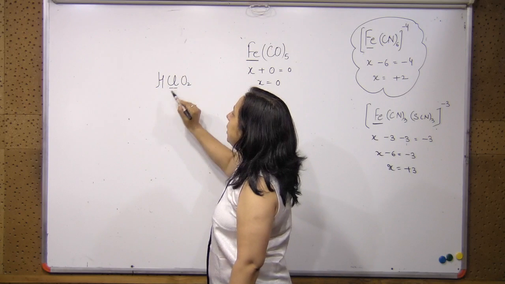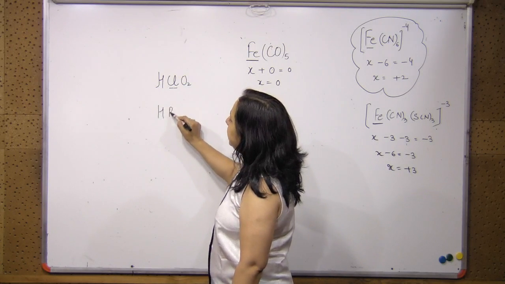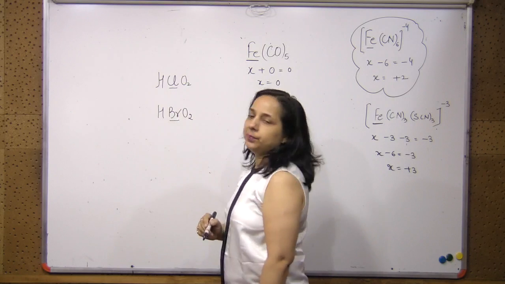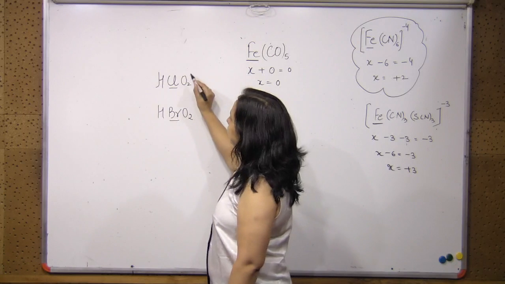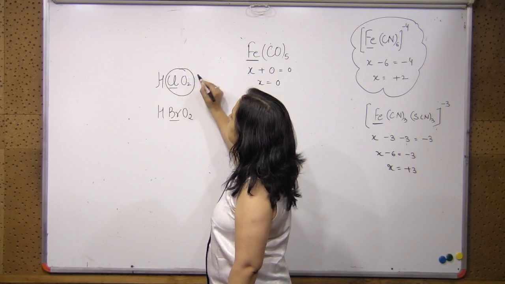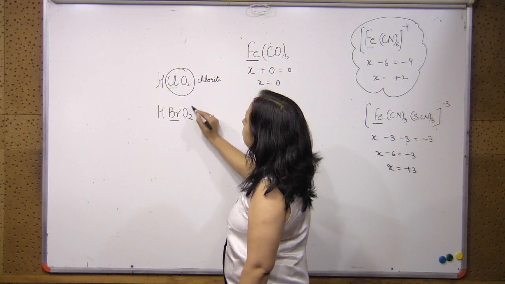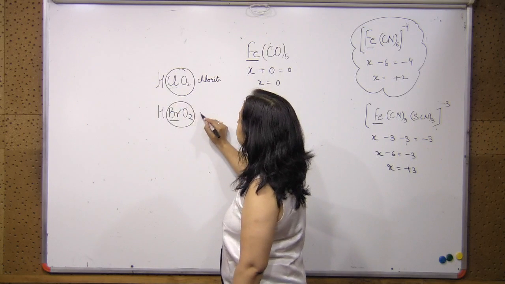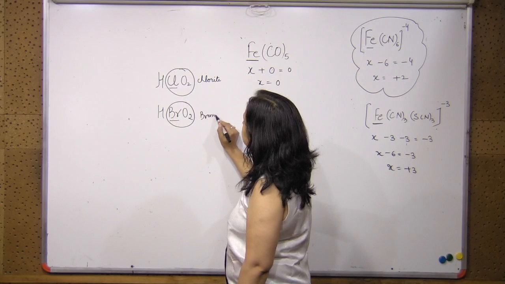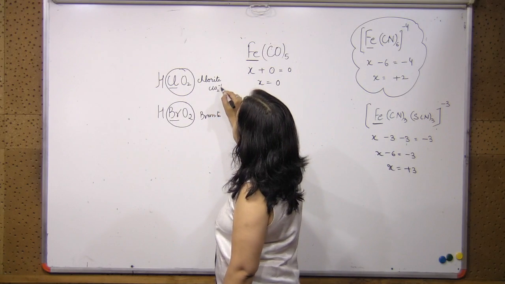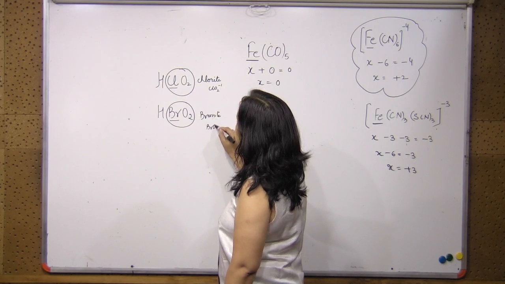HClO2, chlorine you have calculated. Can you calculate HBrO2 with bromine? If this is chlorite time, this is bromite time. What is chlorite now? ClO2 1 negative. And what is bromite?